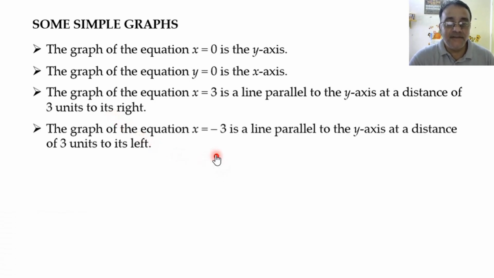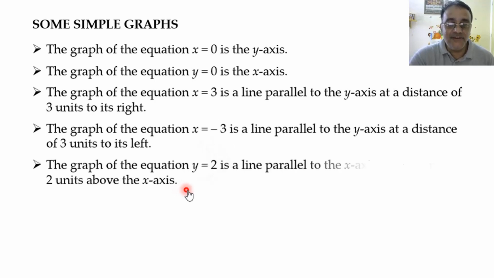And the graph of the equation x equals -3 is a line parallel to y-axis at a distance of 3 units to its left. Next, the graph of the equation y equals 2 is a line parallel to the x-axis at a distance of 2 units above the x-axis.